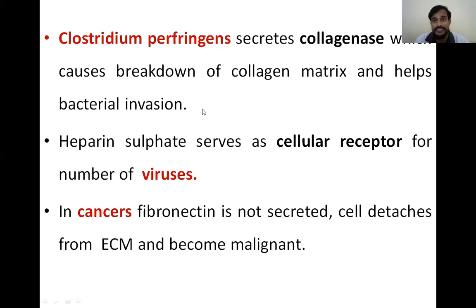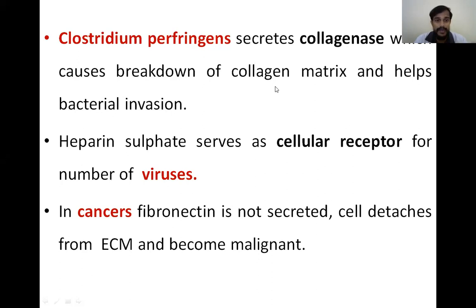So, bacterial invasion. Similarly, some viruses attach to the heparan sulfate. The heparan sulfate, which is a glycosaminoglycan, a component of proteoglycan, acts as a cellular receptor for various viruses.